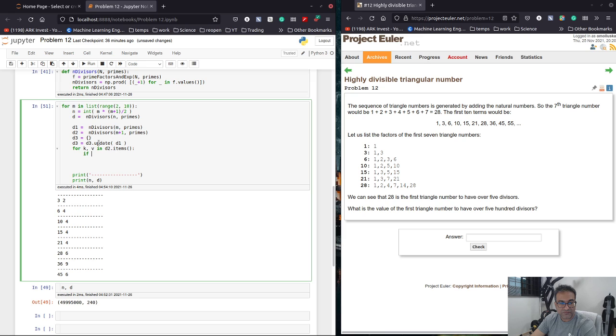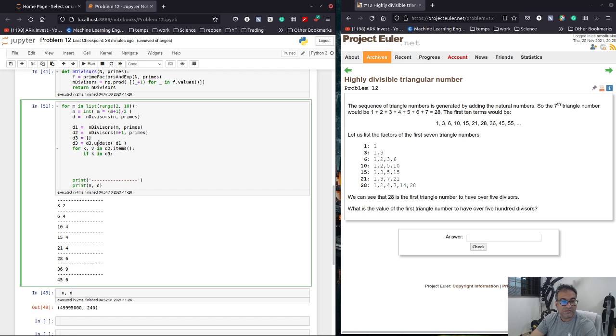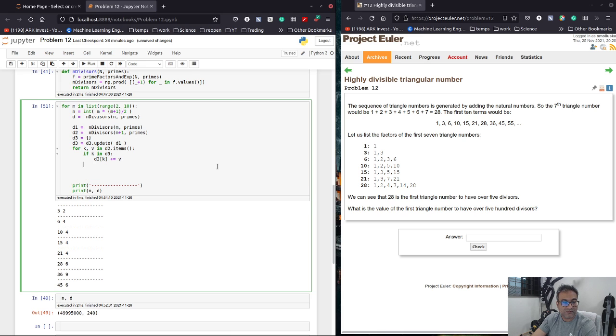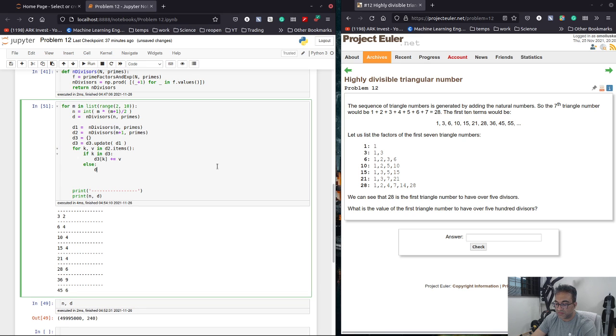If something in d3, k in d3, okay, then d3 k plus equals v, else d3 k equals v.